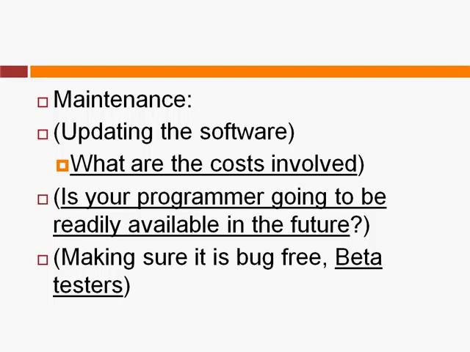And what I would do is create a plan of what the costs involve in the future. If your programmer is going to be readily available, if not, who would he recommend or who would she recommend that you can approach in the future? Generally the case is the programmer is going to be around and it's going to be readily available in the future.